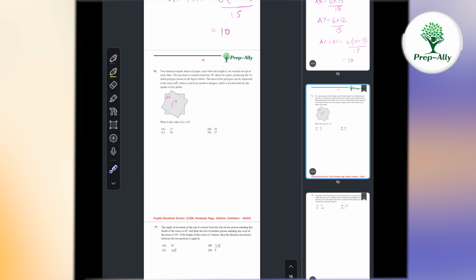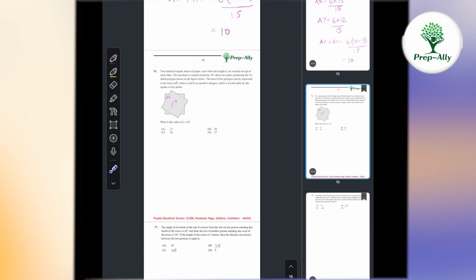And they're saying that the area of the polygon can be expressed in the form a root b, where a and b are positive integers and b is not divisible by the square of any prime. They're just saying a root b is the lowest form, right? So first we need to find the area.